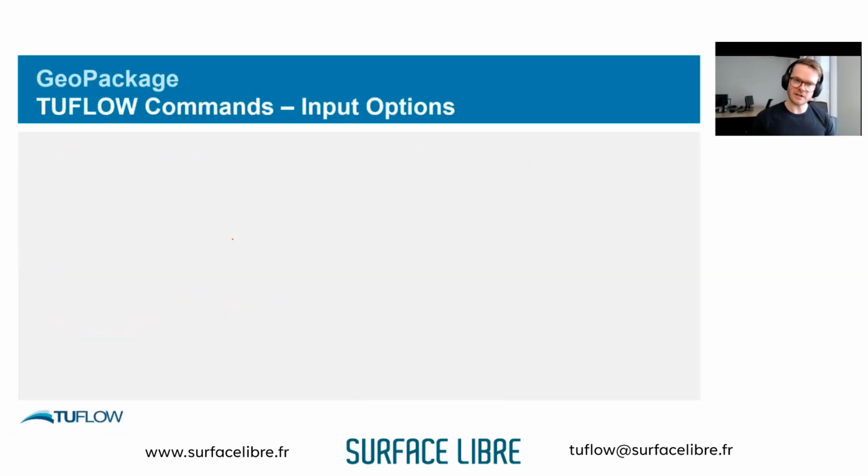In terms of the TUFLOW side, it's a little bit different. Command-wise, if you're familiar with TUFLOW commands, which I hope most people are who are in this webinar, you have to point TUFLOW to the database file, the relative path or full path to the database file, and also the layer name within the database.